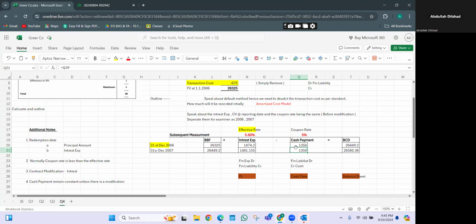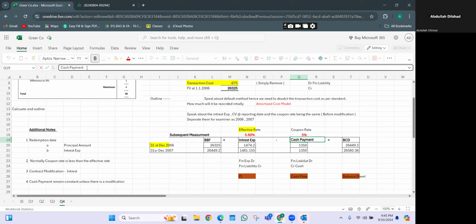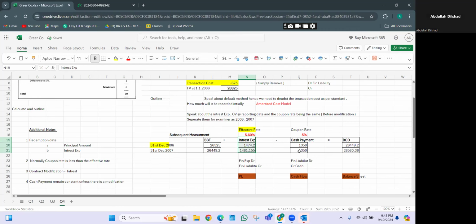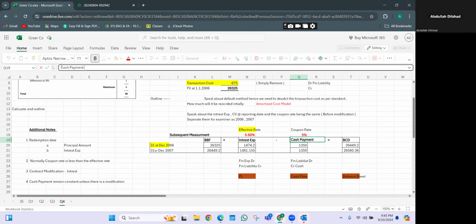So I told you, we need to make a cash payment. That cash payment can be called an interest payment as well, right? Now, don't get confused. Most of us will get confused. Initially, when I studied also, I thought, what does the examiner mean by interest payment? I thought interest payment would be this interest expense. No, interest payment is cash payment. For your easiness, I'm writing it here: interest payment.